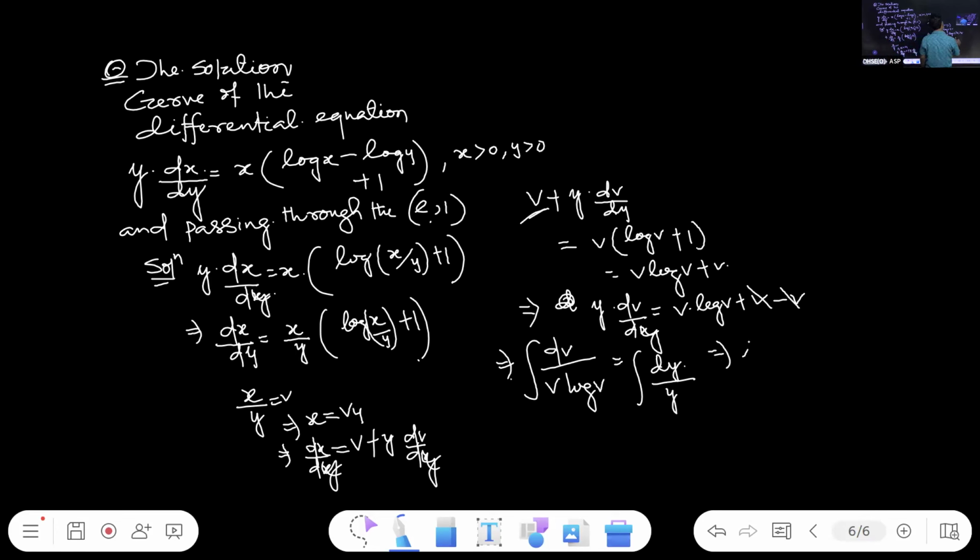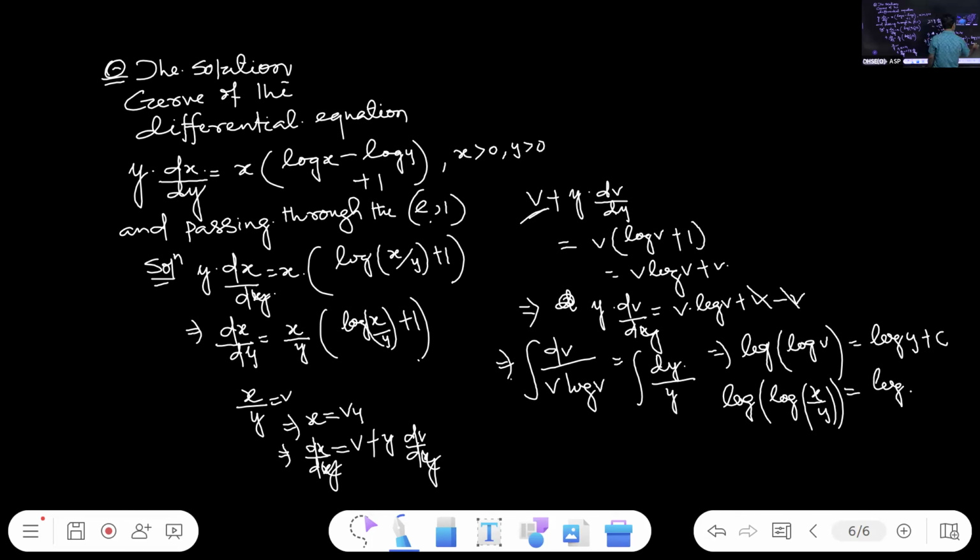So log of log v is equal to log y plus c. Okay. Log of log v, where v is x by y, is equal to log y plus c.